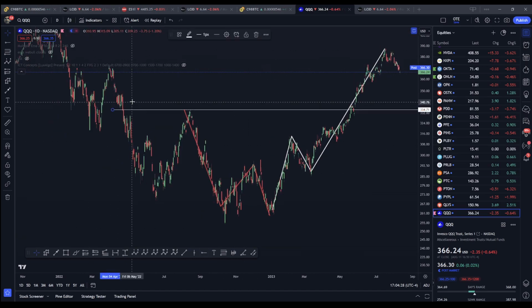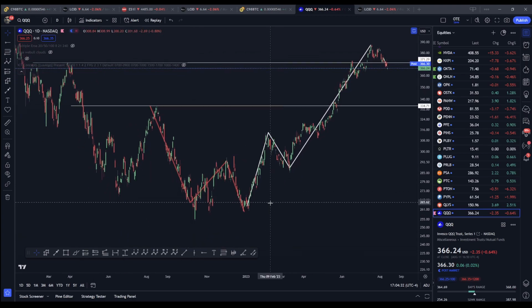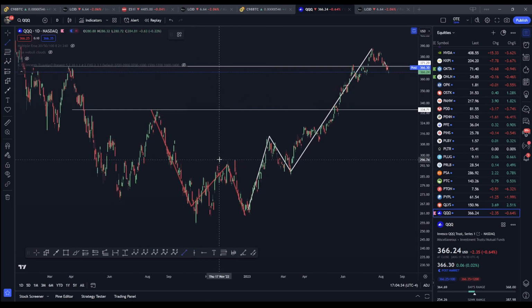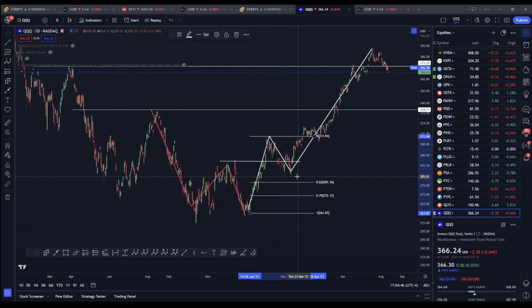All right, one swing, second swing. Okay, here's your break. Break in market structure. All right, now this is what I was talking about earlier. Sometimes it won't hit the fib. That's okay. Sometimes you get front run.